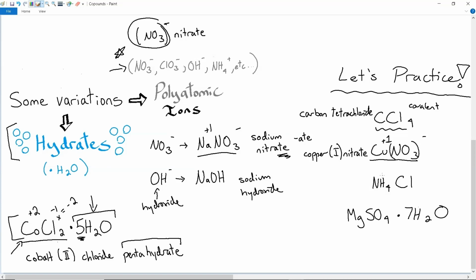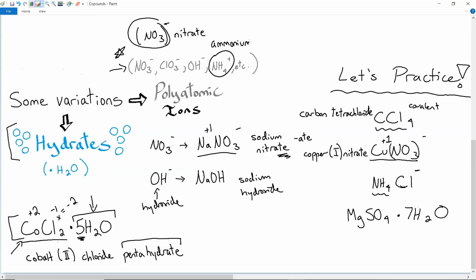Okay. What about this third one? I'm looking at an NH4, and then we have a chlorine. Chlorine definitely has a charge of -1. And this looks like a polyatomic ion, and it's this one right here. This is a very special one.